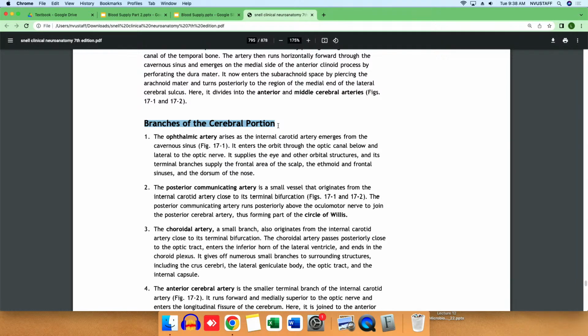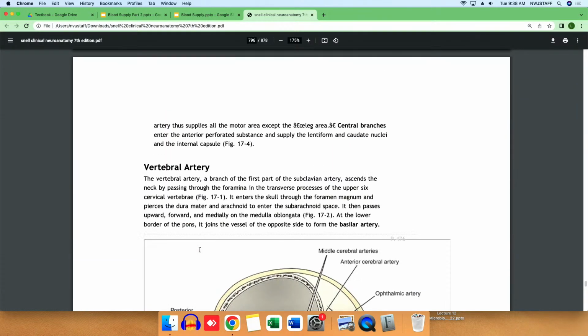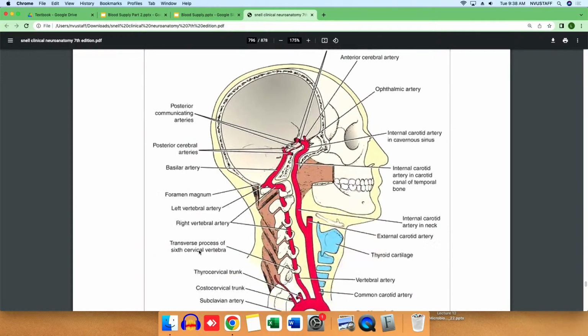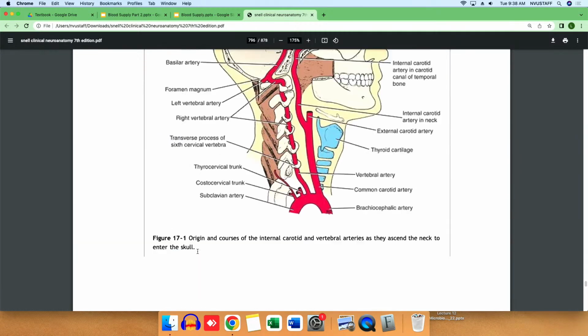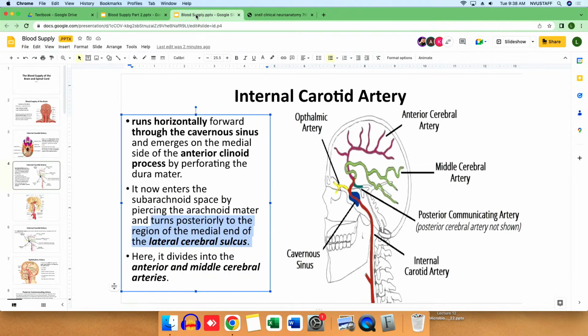Just immediately, what are they doing and how do they participate in the blood supply? As you can see, it then continues to talk about the vertebral artery and the main types of branches that can be found here. But let's continue with the branches of the internal carotid first, okay? And then let's continue with the part of the vertebral artery.